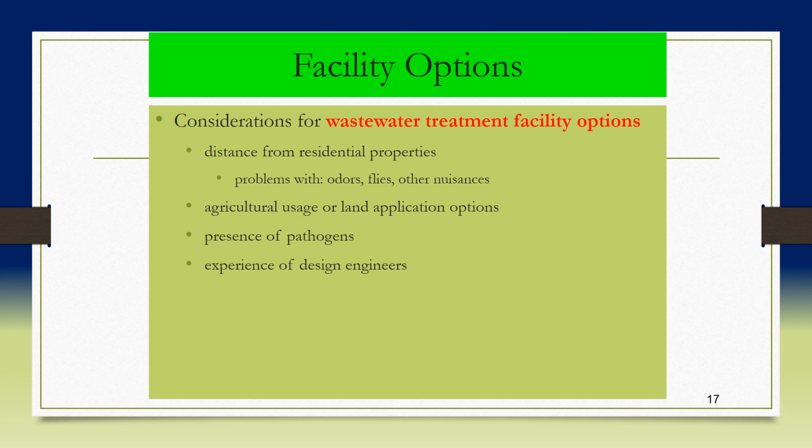So dia kena consider lah kedua-duanya tu. And then the presence of pathogens and experience of design engineer. So ni semua adalah consideration of factor yang kita perlu ambil kira untuk membina wastewater treatment facilities in the industry. Okay, that's all.